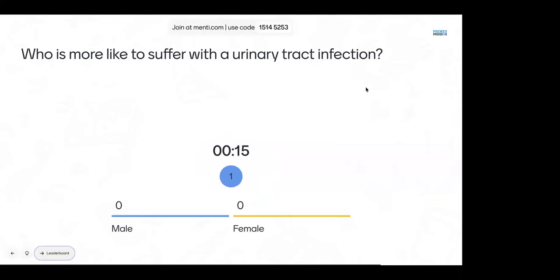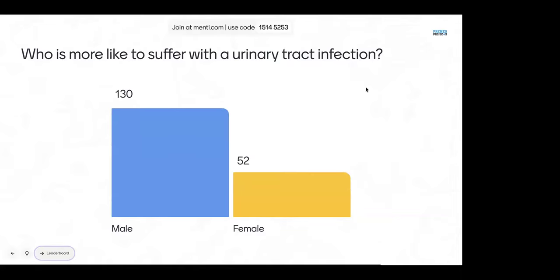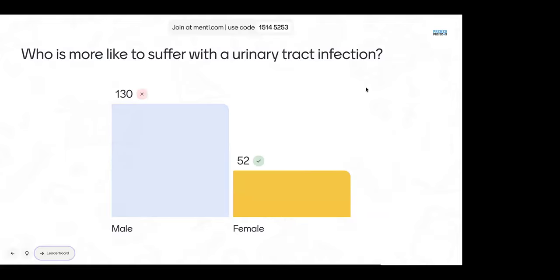Now, based on the previous question, who is more likely to suffer from urinary tract infection and why? So the answer is females, because the urethra is shorter, so the bacteria sitting in the outside world are closer to the bladder.